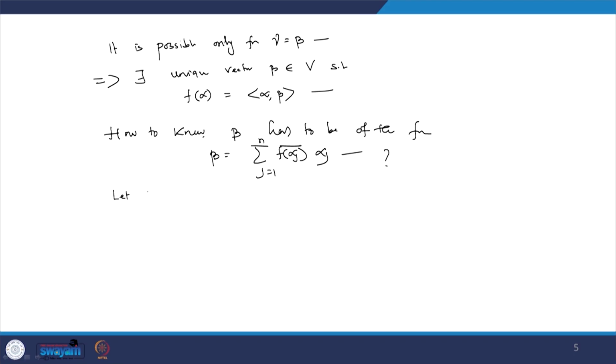Let alpha and beta belong to V and let me consider alpha with respect to an orthonormal basis as sigma x i alpha i, i equal to 1 to n, and beta equal to sigma say y j alpha j, j equal to 1 to n.